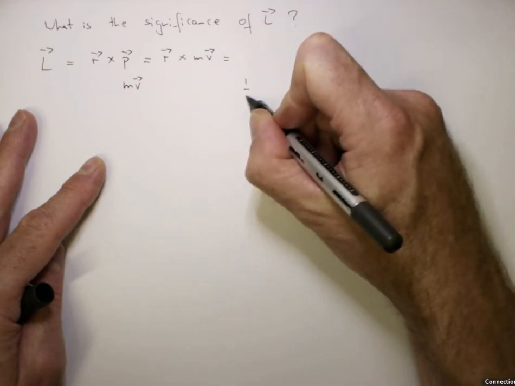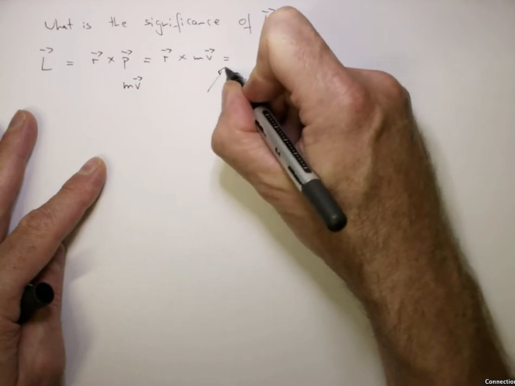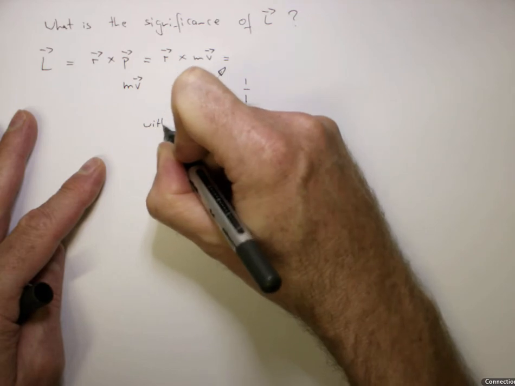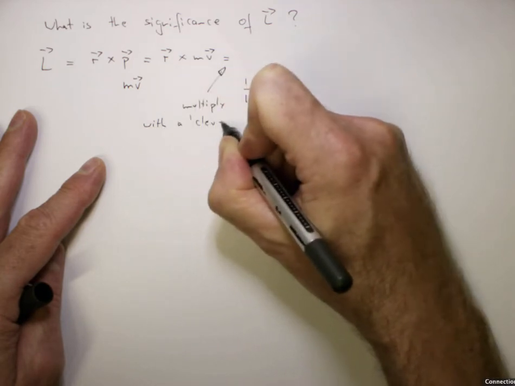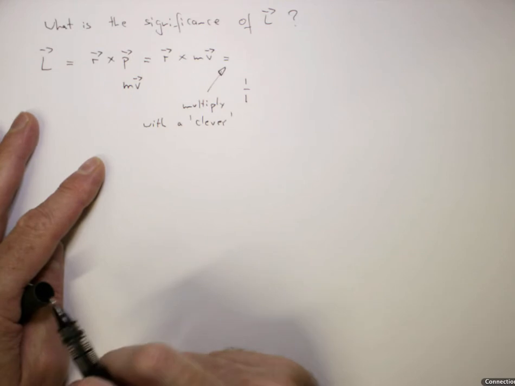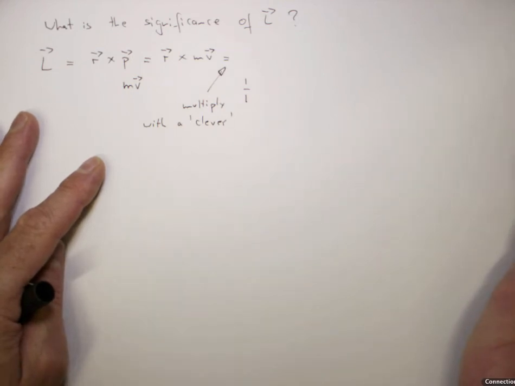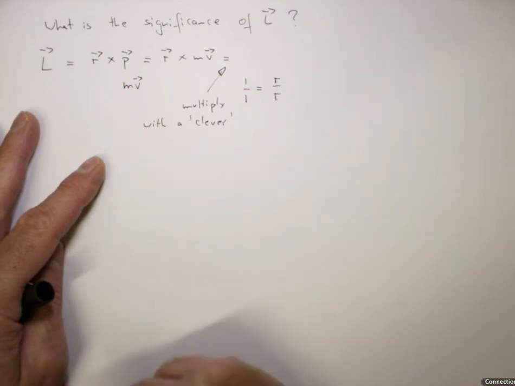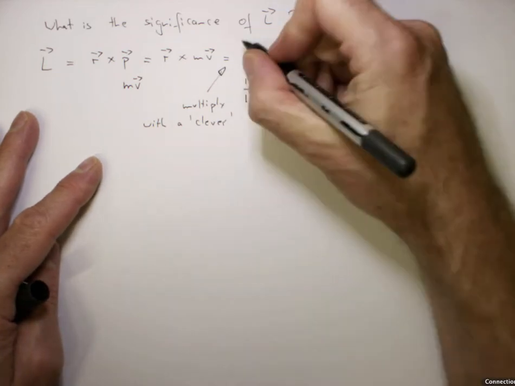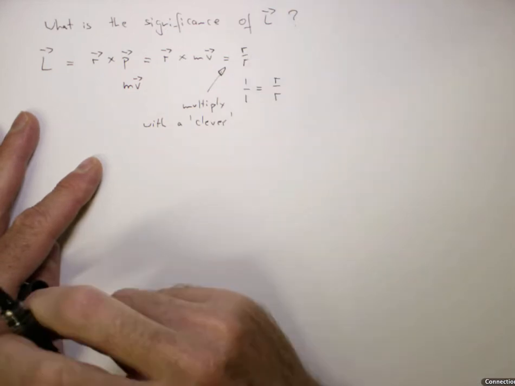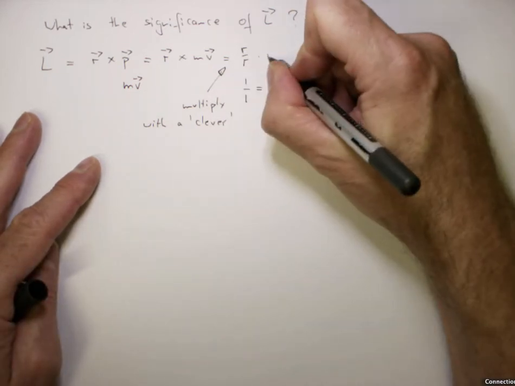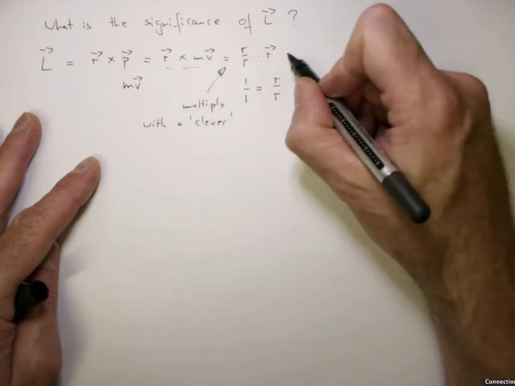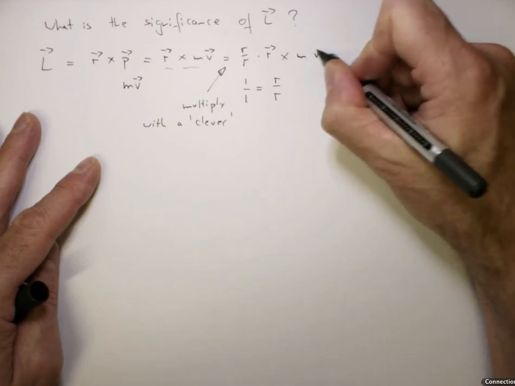We multiply with a clever 1, which is always possible mathematically. Does it have any physics sense? We'll see in a moment. And that clever 1 we express as radius divided by radius, the magnitude of the radius divided by itself, times r vector, that's now coming from here, cross mass times velocity vector.